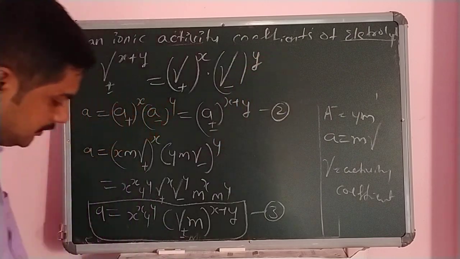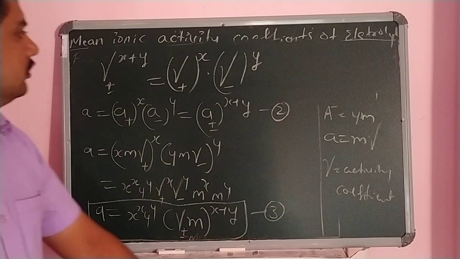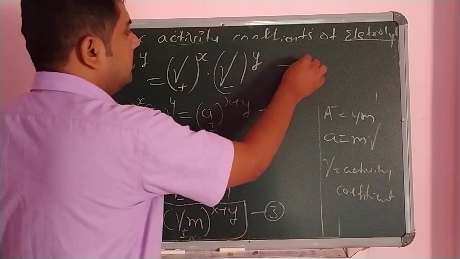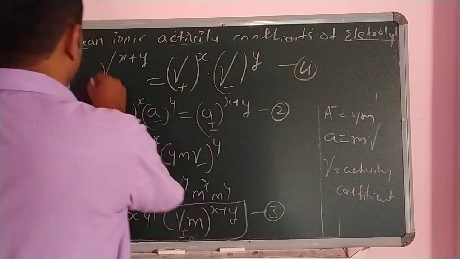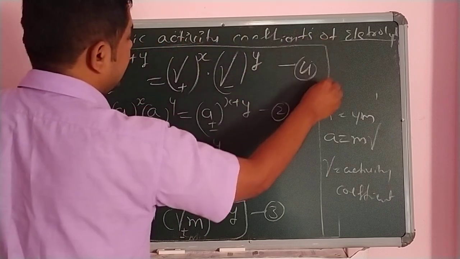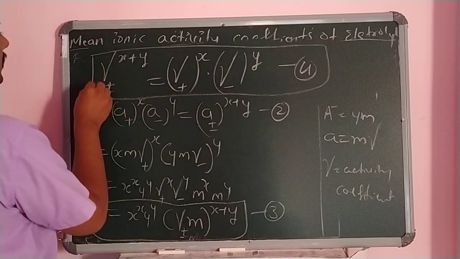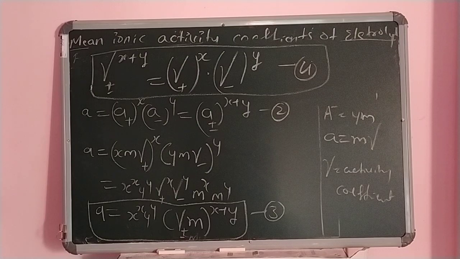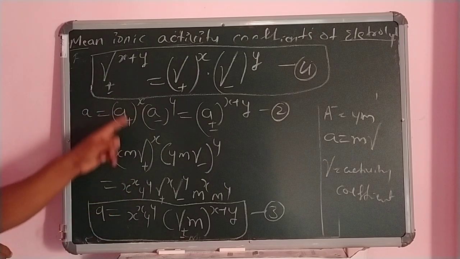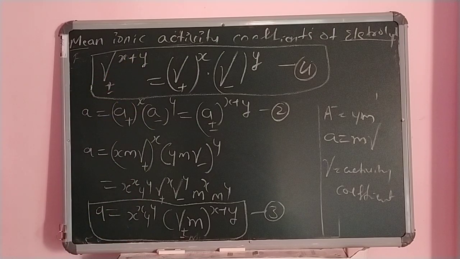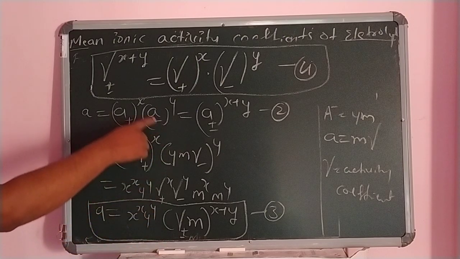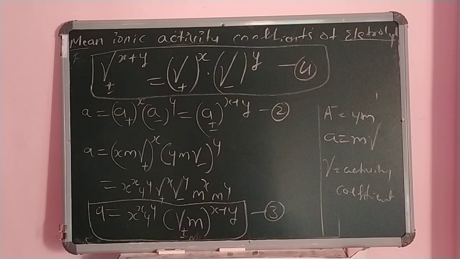Okay, it is correct. Now this is equation number 4. Remember this is the mean ionic activity coefficient of this electrolyte. This is the equation for the mean ionic activity coefficient of an electrolyte. Activity is like this, and activity of a species is also like this.